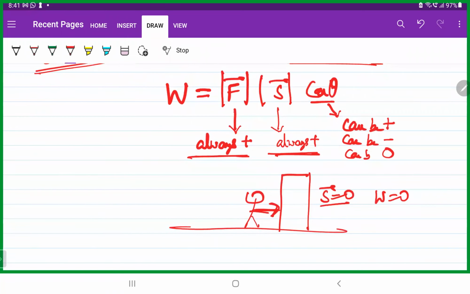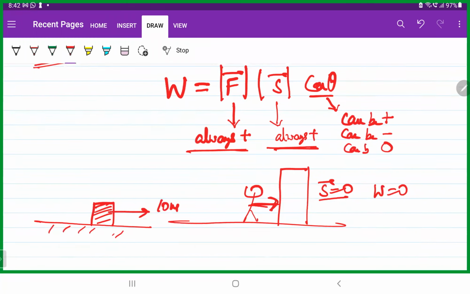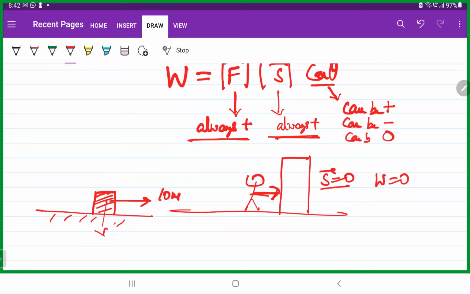But suppose there is a suitcase on the surface, and the suitcase is moving by 10 meters. There is a gravitational force on it, suppose 100 Newton. So there is a force, there is a displacement.